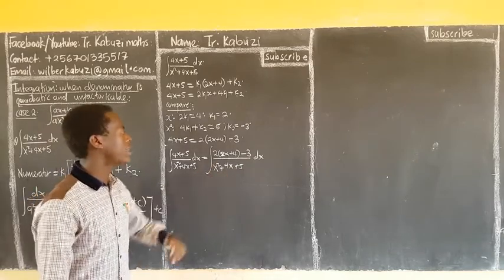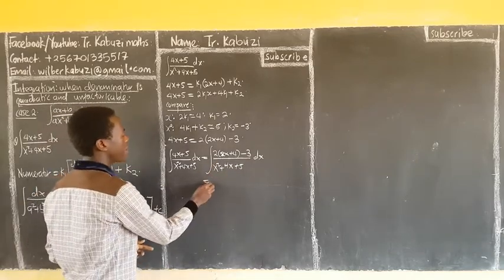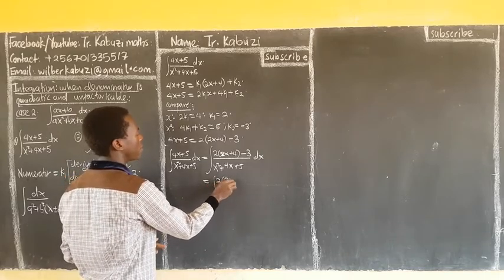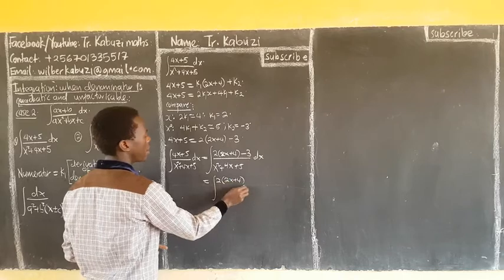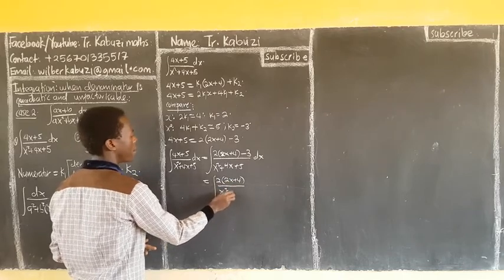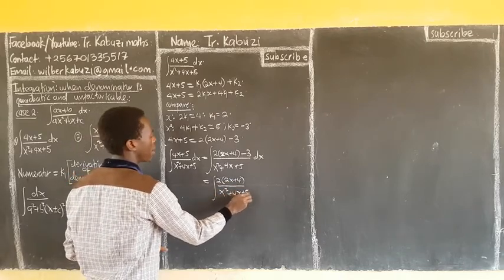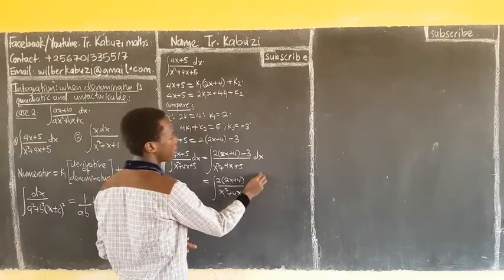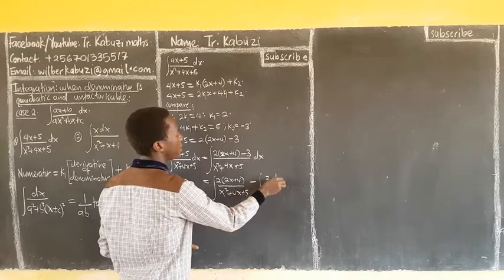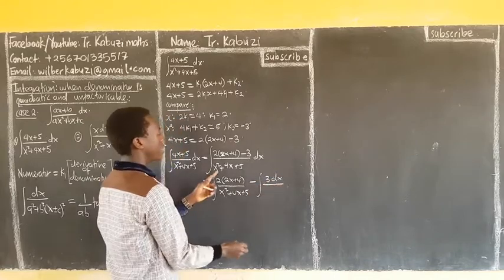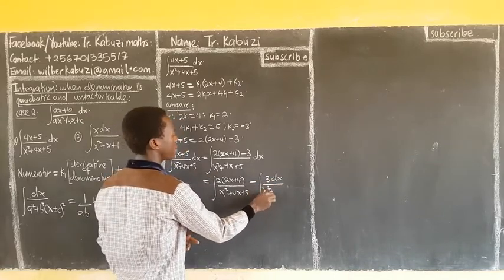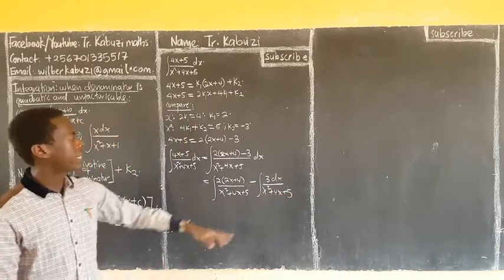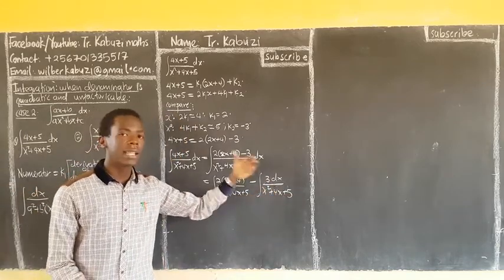Now here we can separate. If I separate, I have the integral of 2 into 2x plus 4 over x squared plus 4x plus 5, then minus, this is going to be a constant, 3 dx over the denominator. We have seen how to interpret case 1 in the last lesson.